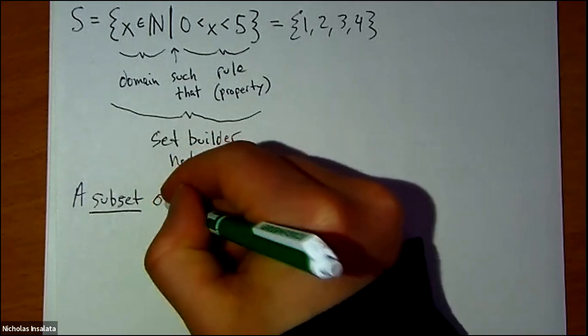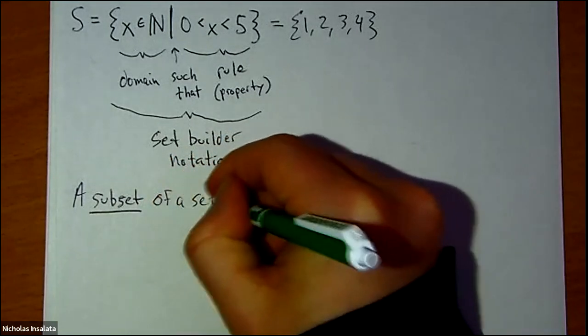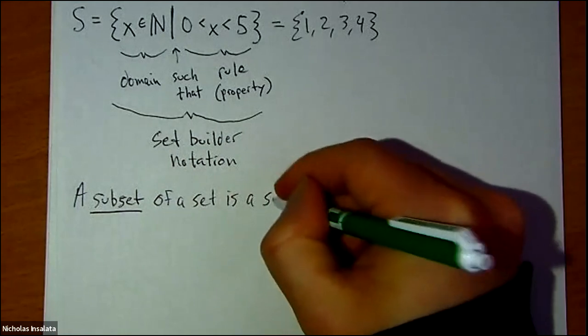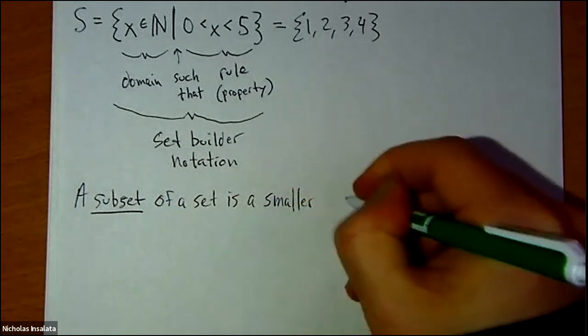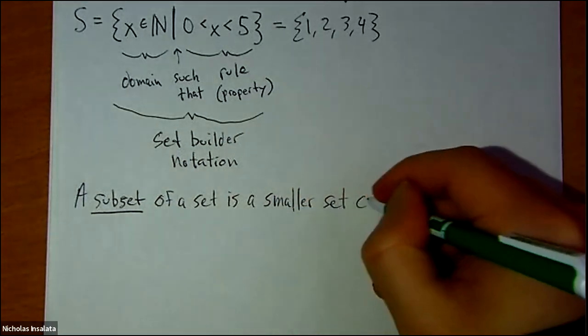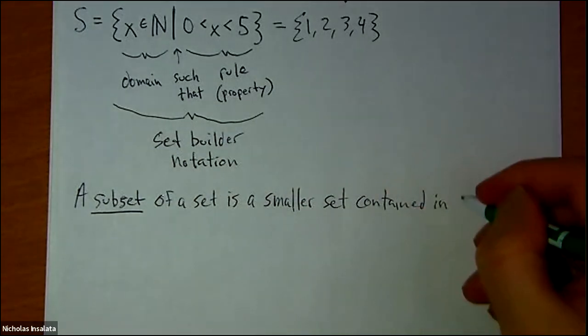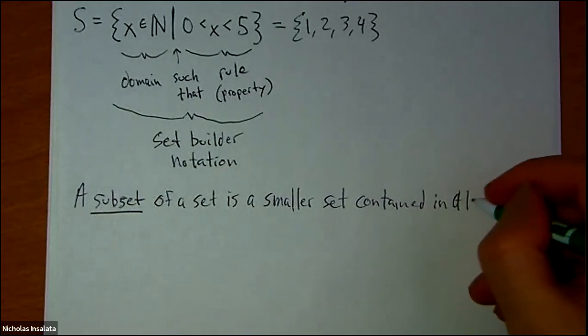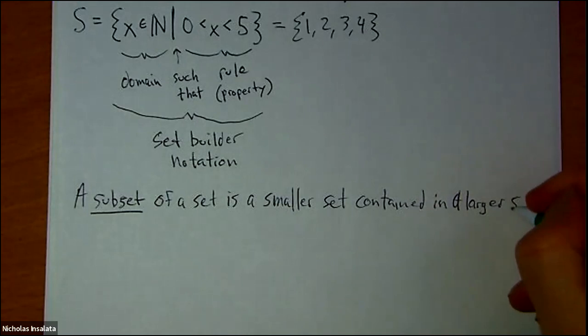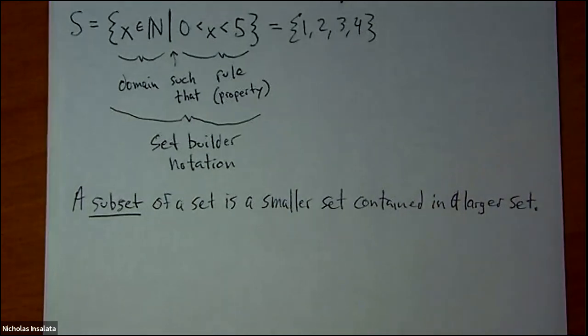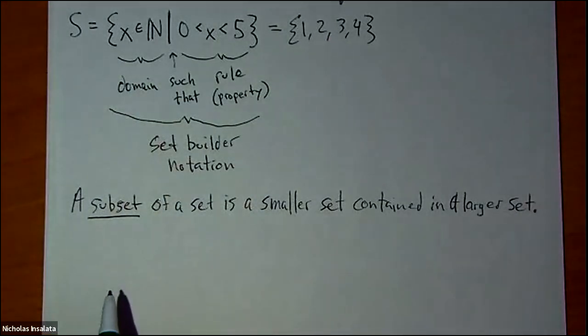A subset of a set is a smaller set contained in a, I'll say a larger set. So for example, could you give me a subset of the set S?